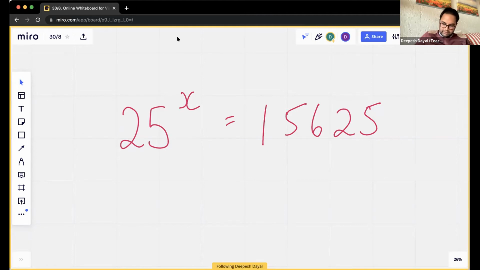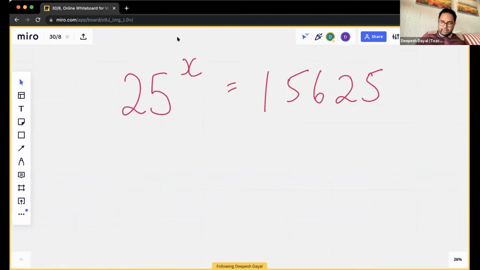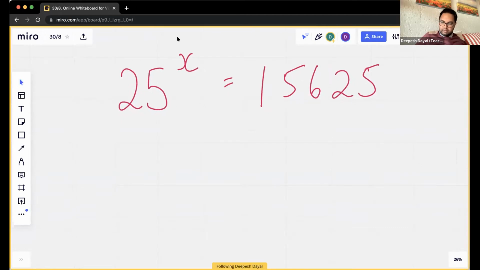So what do we do with the 25? How do we convert that? What is 25 as a prime factor? 5 to the power 2. And 15625? 5 to the power 6.